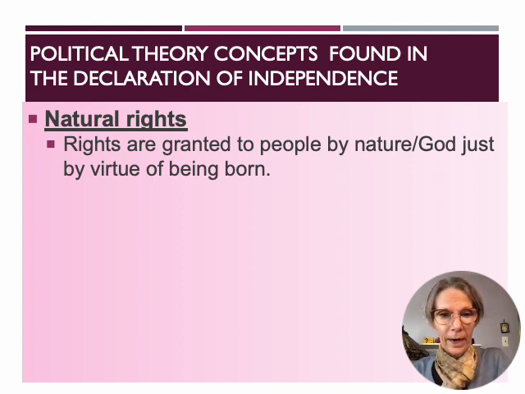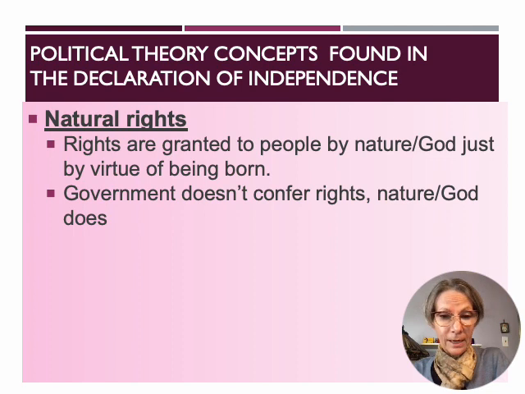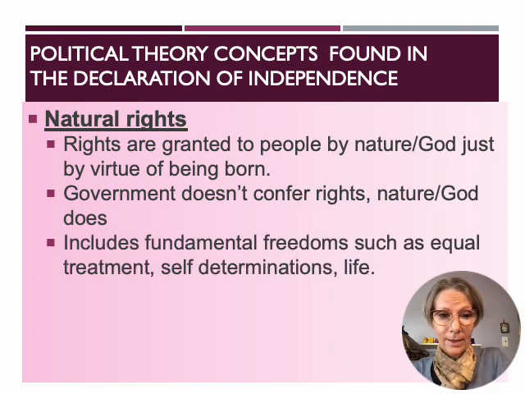And so it's the rights that are granted to the people by nature or nature's God just by virtue of being born. Government doesn't confer these rights, but nature or nature's God does. And they include fundamental freedoms such as equal treatment, self-determination, life, etc. Okay? And so I'll be asking you, where in the document do you find the natural rights?